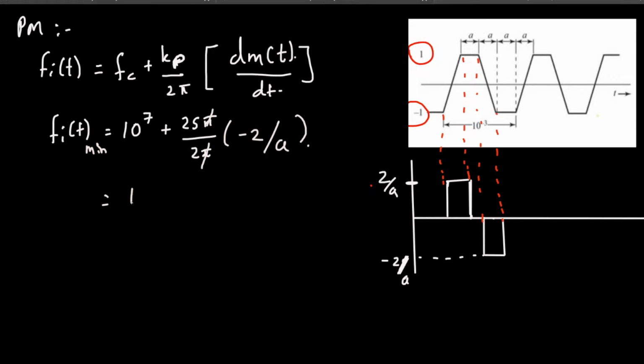So we are going to get 10 to the power of 7 minus 25, and that is it. Let's see if I can simplify this one in a better way. And also there's an a left, 25 over a.